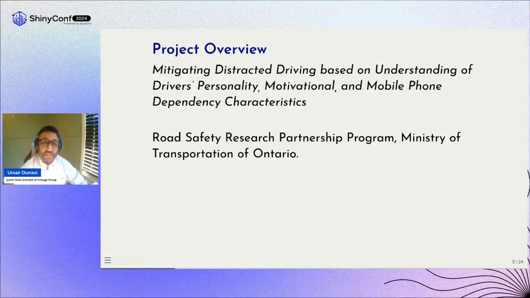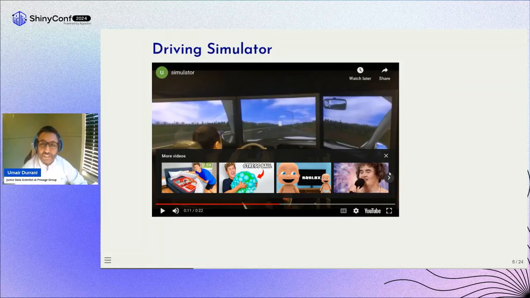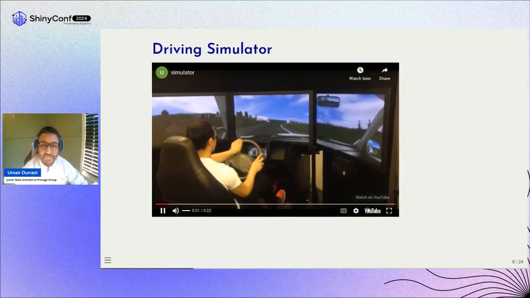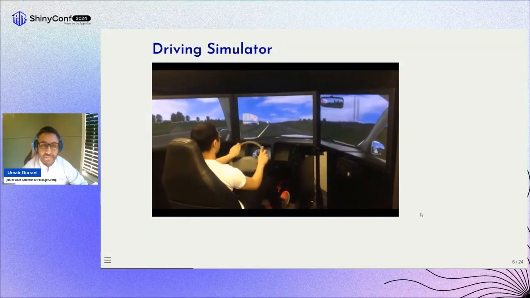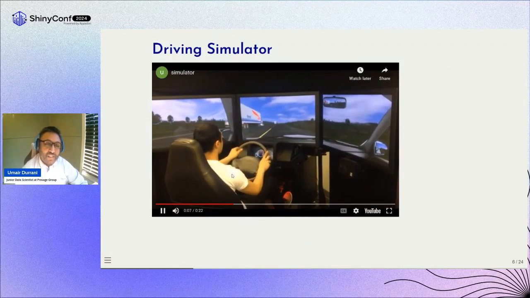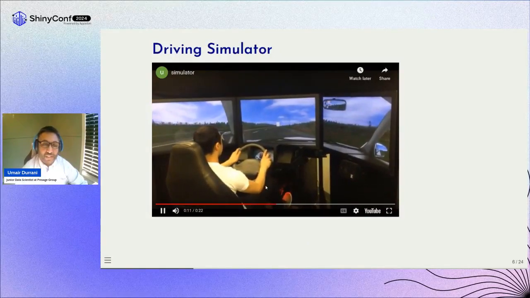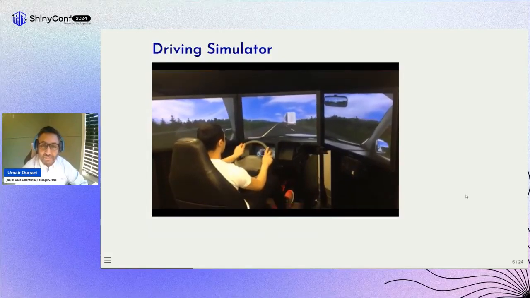And one advantage that we had in the lab for conducting this project was a driving simulator. So this is what a driving simulator looks like. What you see here is the participant who is entering a highway and driving along the trucks.